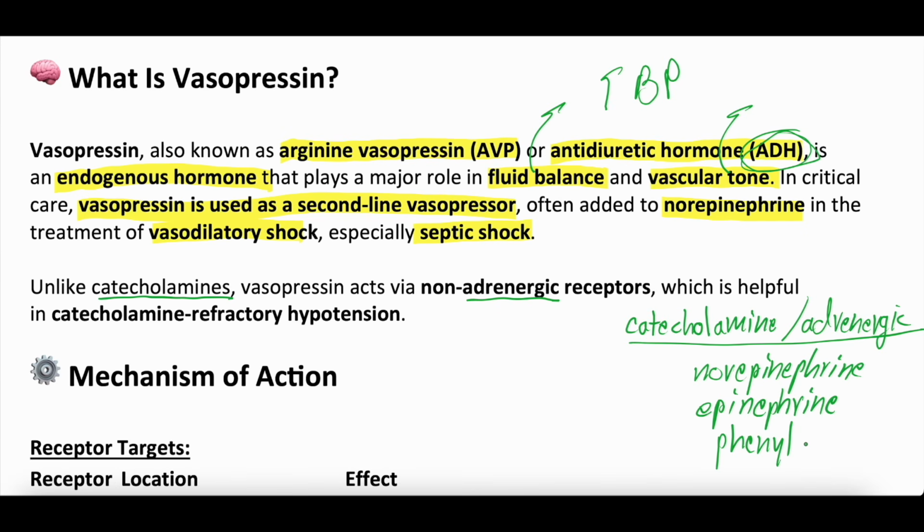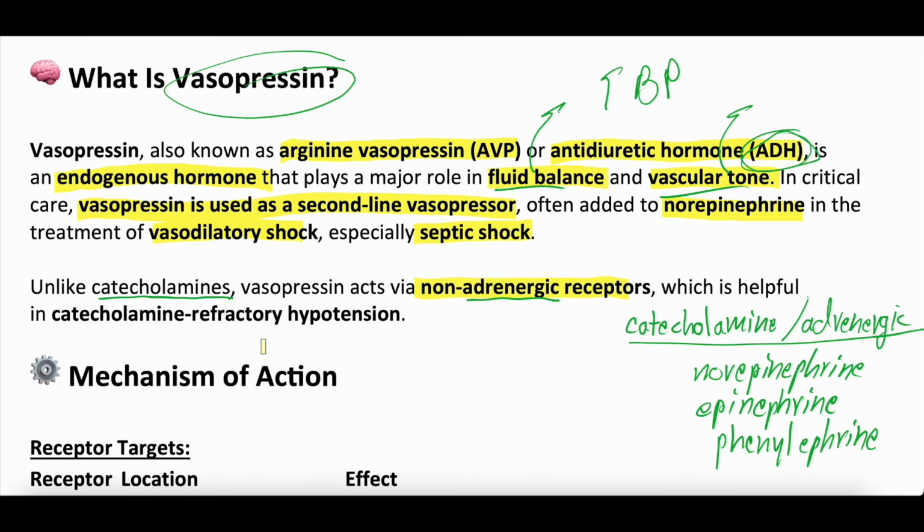But there's other types of vasopressors as well that use different pathways, different mechanisms. And vasopressin is one of those, right? It is ADH. It is an endogenous hormone involved in fluid balance and vascular tone. All right? It is not a catecholaminergic vasopressor, which means it is non-adrenergic.